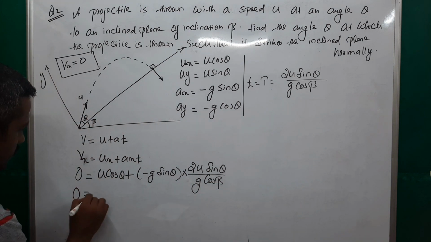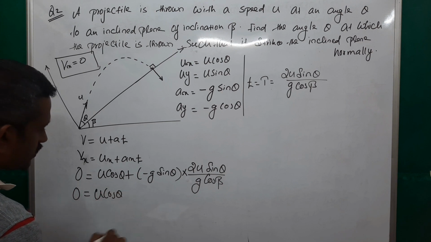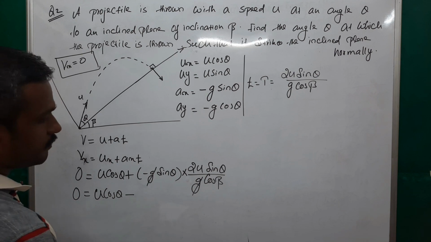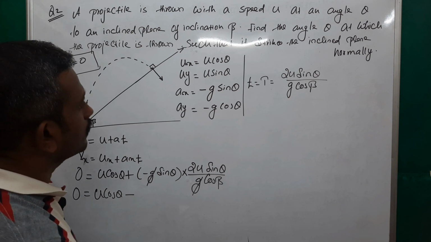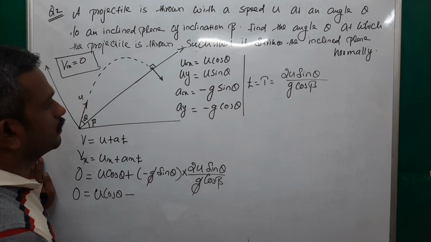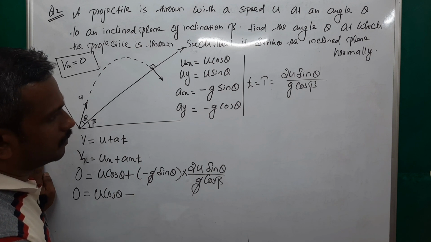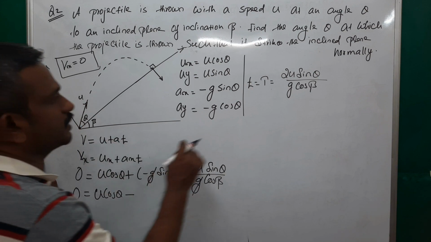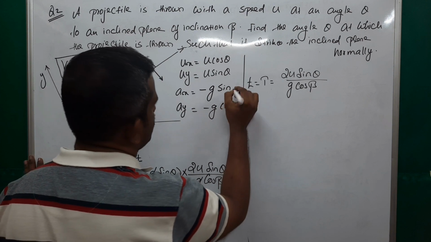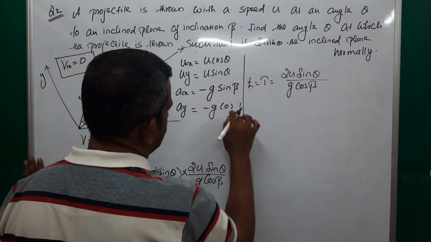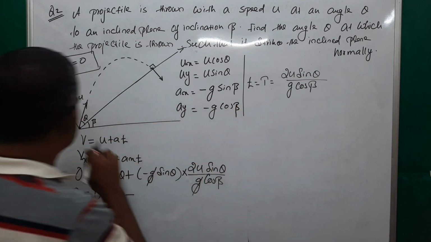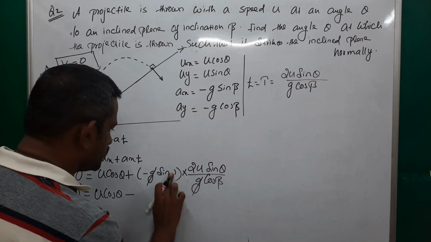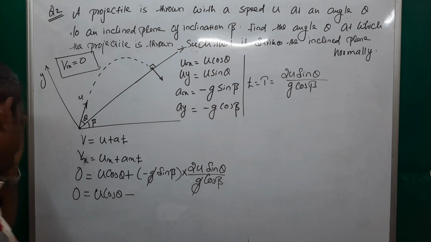So 0 is equal to U cos theta minus, and here the g cancels. It is not sin theta but g sin beta and g cos beta, because the angle of inclination is beta. So here also it is minus g sin beta.